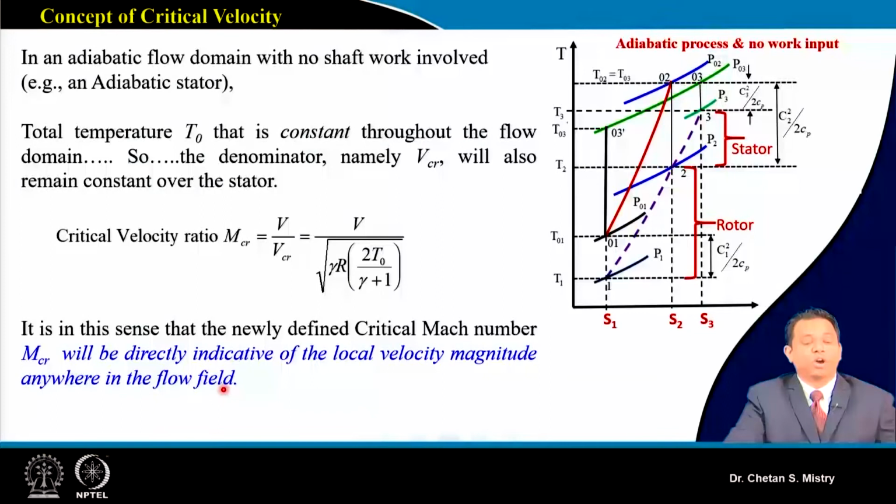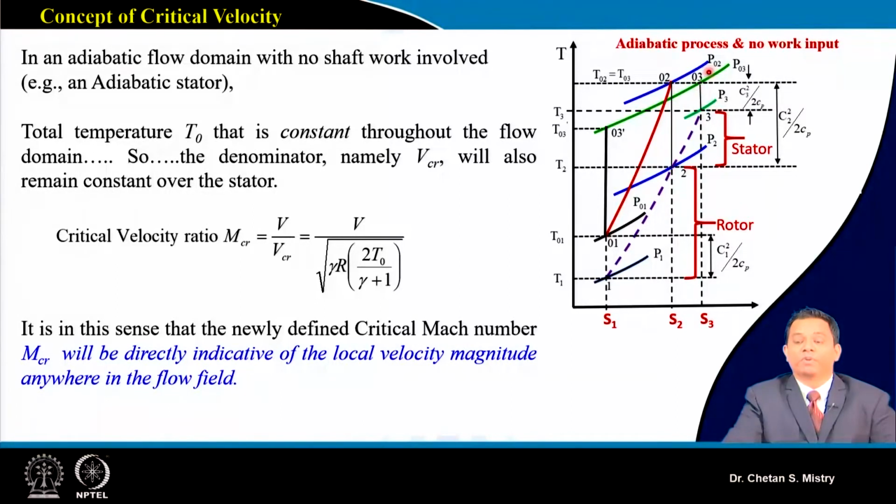Now let's move ahead. This is what we have learned for our T-S diagram, and we are more interested in our total properties. We consider T02 and T03, which represent my stator.